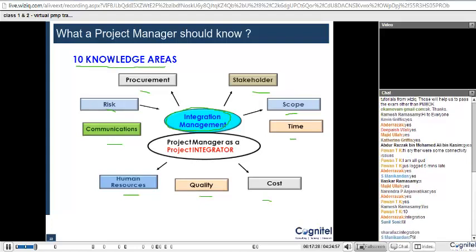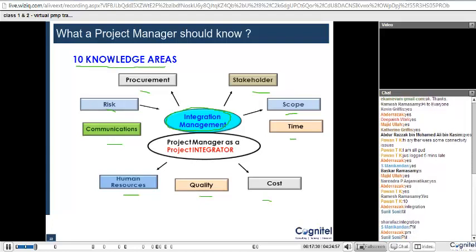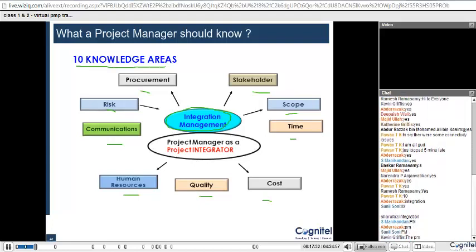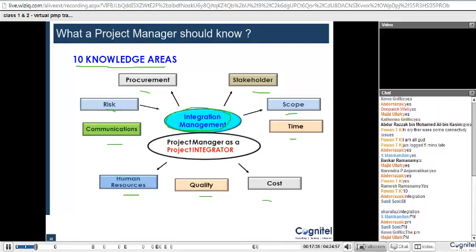Yes. So who does the integration? That is the major role of the project manager, to act as a project integrator or basically carry out this integration management.